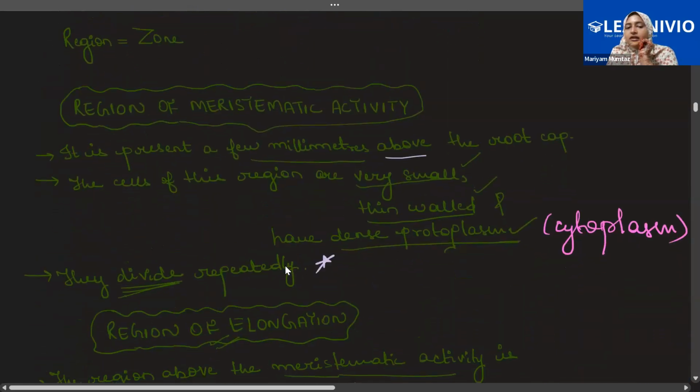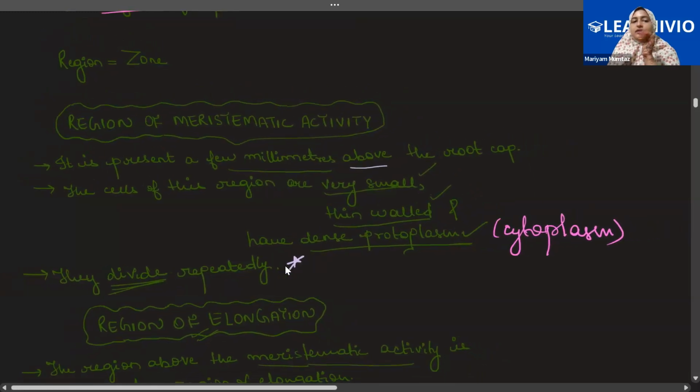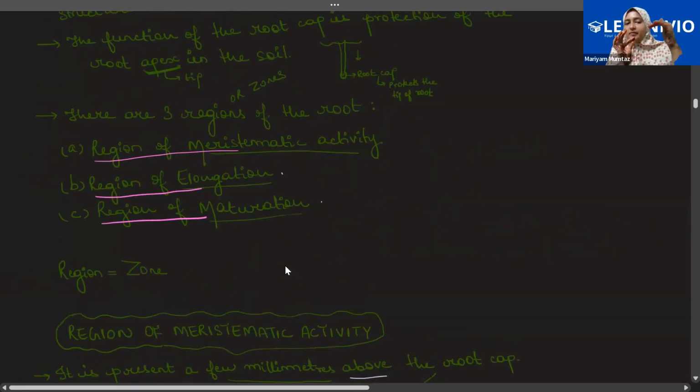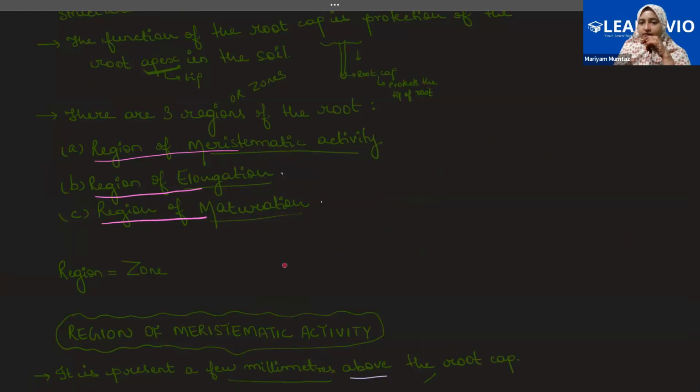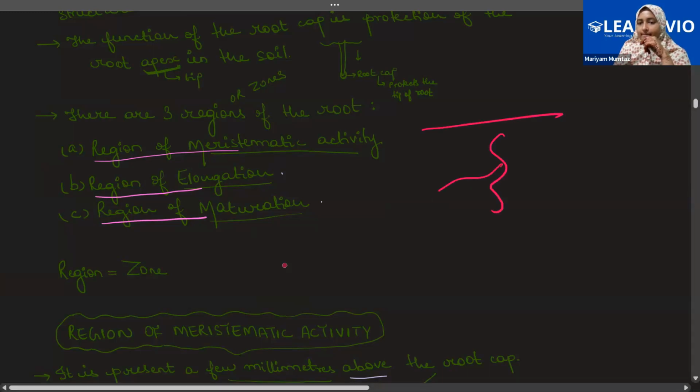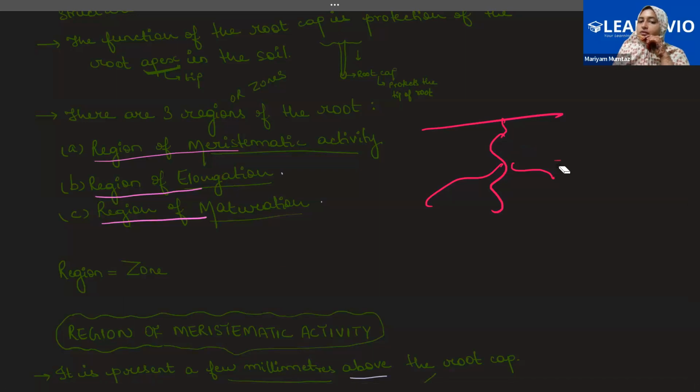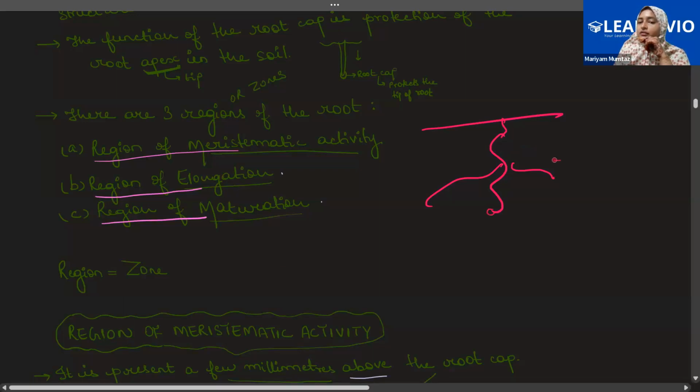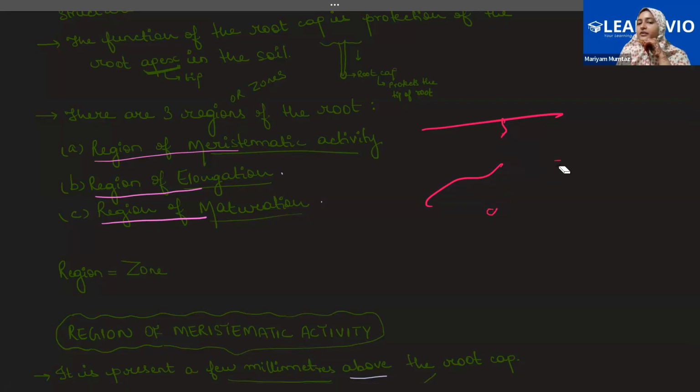Now, these regions I have written like A, B, C. If this is the root, you might think that the regions start from the bottom because we have written it like that. But always remember that whenever we talk about the zones of the root, we start from after the root cap. That is how we define the zones of the plant.